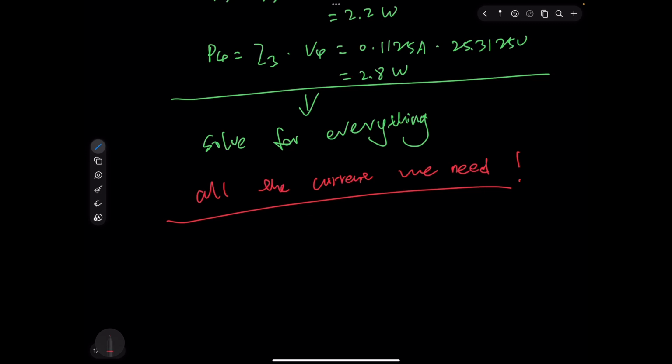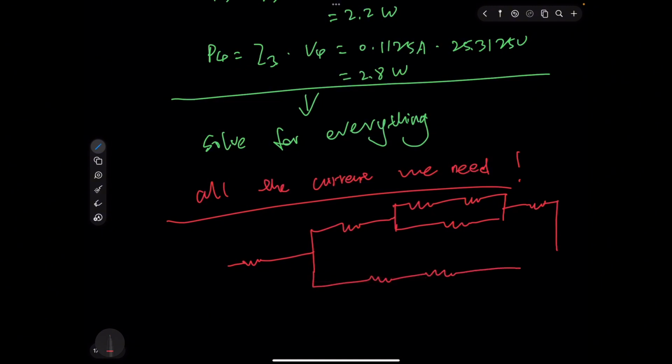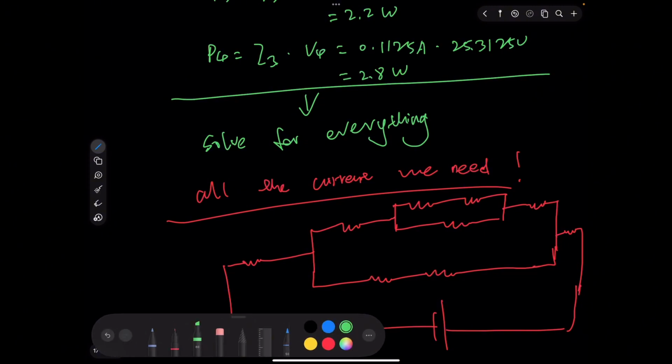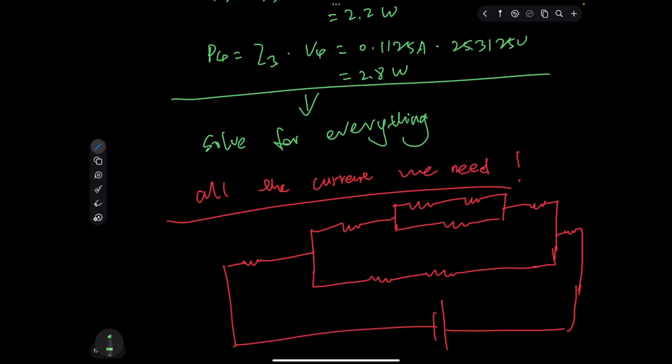So basically the idea is, if we look at the circuit itself, we always need to start from some point. We try to simplify the circuit, so we try to group the resistors together.